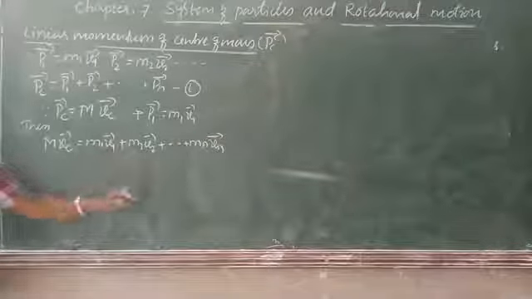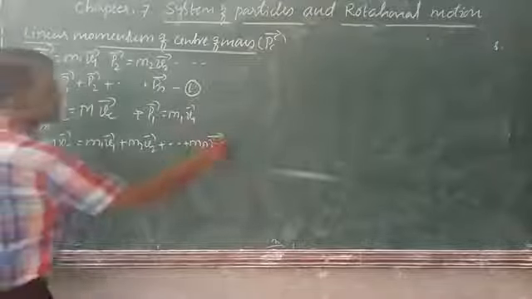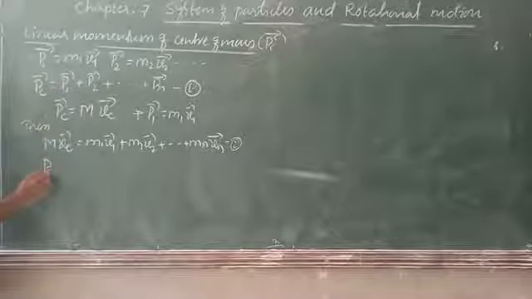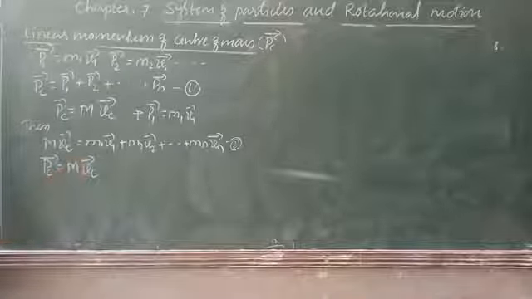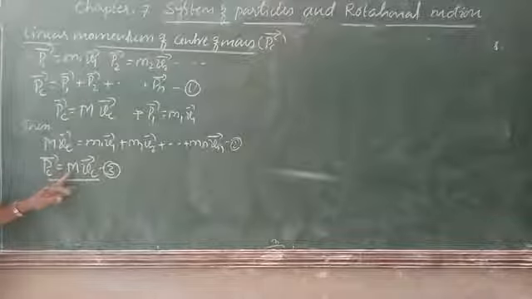We call this equation 2. From equation 1 and equation 2, the linear momentum of center of mass of the system of particles can be written as Pc is equal to m into Vc. We call this equation 3. This is the expression for linear momentum of a system of particles.